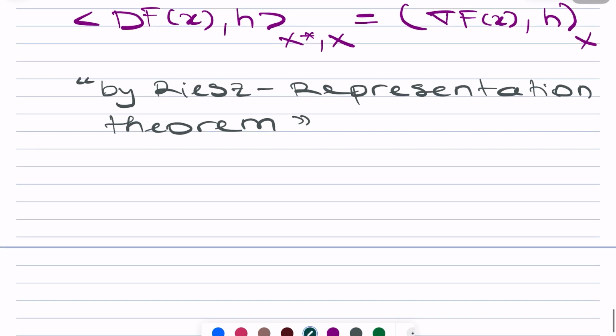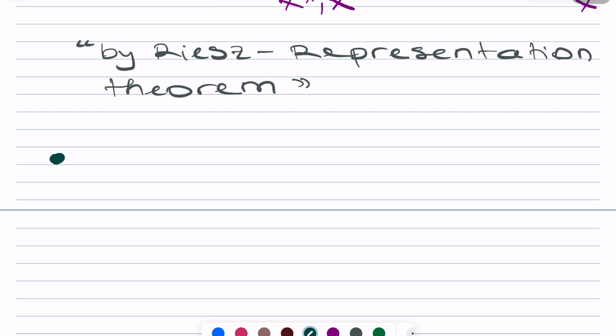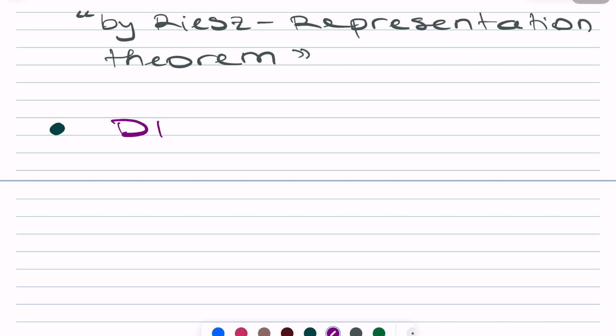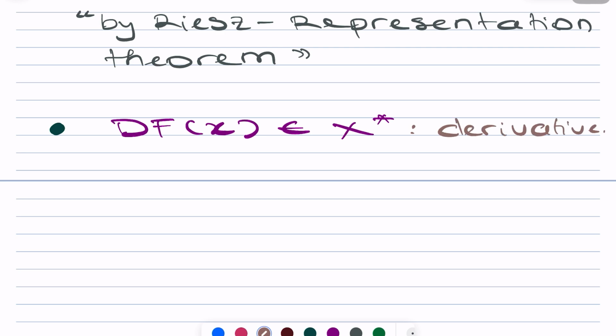Another remark is that the Gâteaux derivative of f at x is a linear bounded operator.